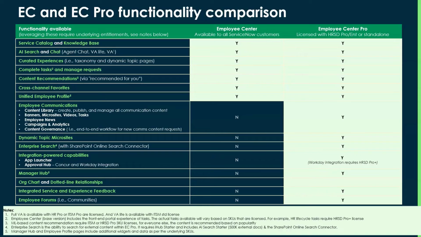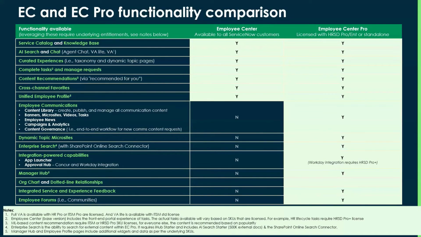We spoke about AI search. We spoke about the tasking experience on Employee Center. We spoke about recommendations, and we also spoke about favorites and employee profile. All of these functionalities are available with Employee Center Standard.